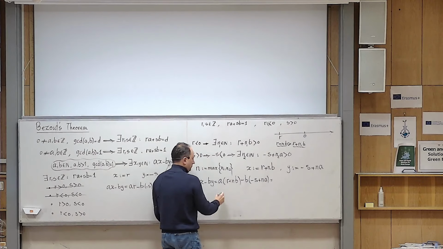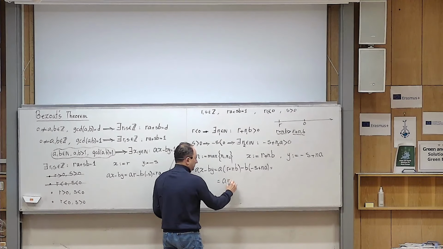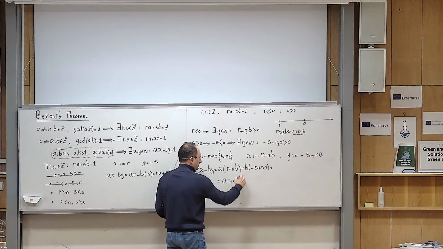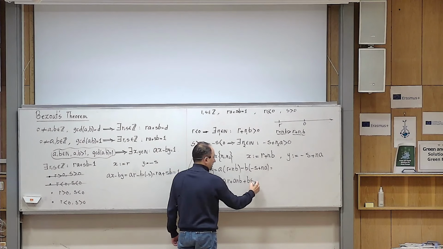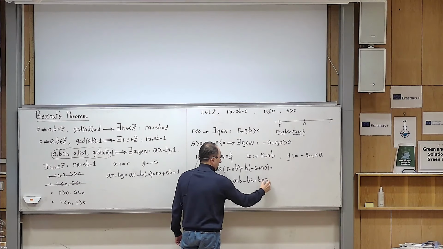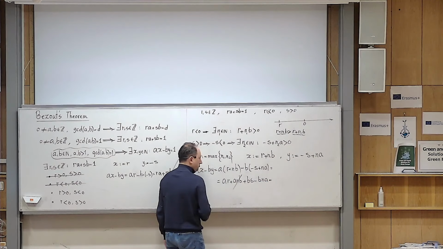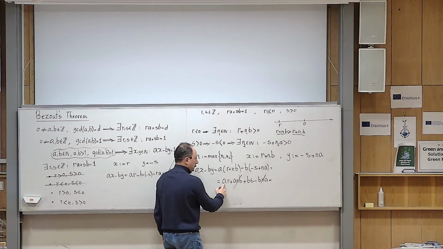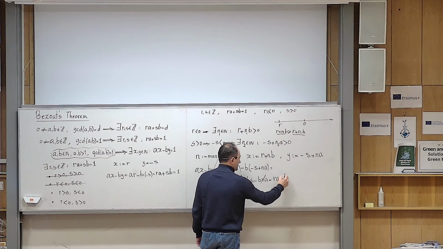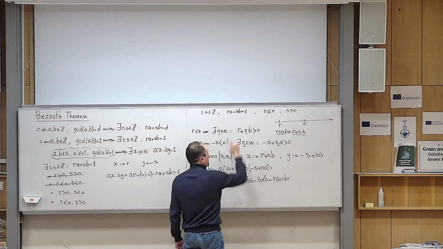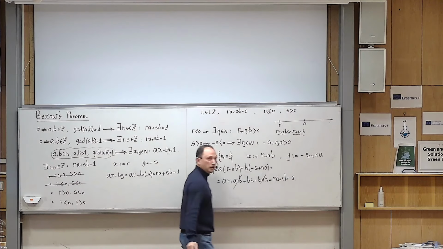So I open it up, it becomes ar plus anb minus b times minus s, plus bs, minus b times na, that is minus bna. And then this a and b, minus b and a, are gone. This is just ra plus sb. So it becomes ra plus sb, but ra plus sb is again 1. So again, I am done.